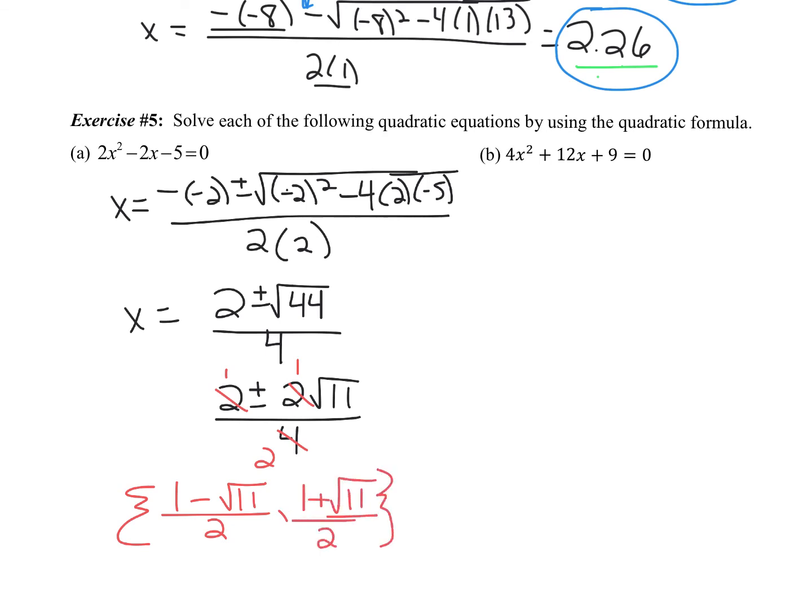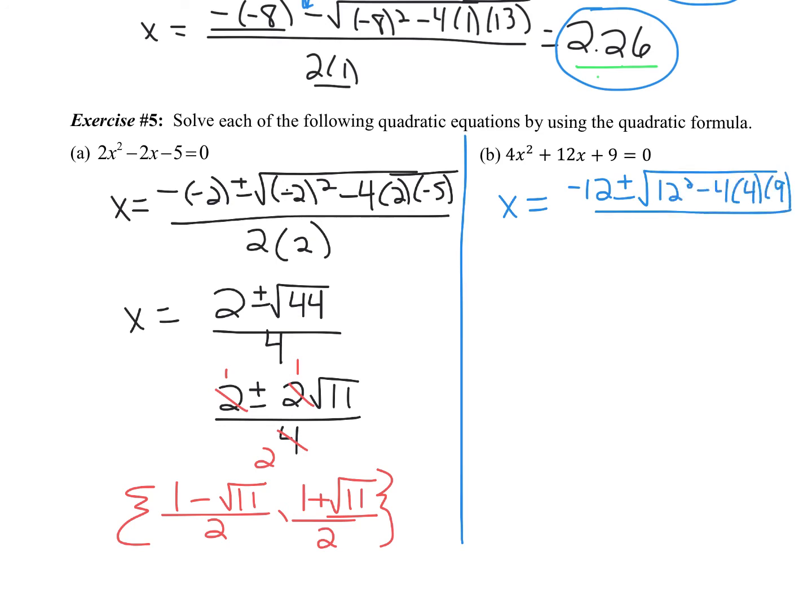The second problem, 4x squared plus 12x plus 9. For the quadratic formula, x equals negative 12 plus or minus the square root of 12 squared minus 4 times 4 times 9 all over 2 times 4.